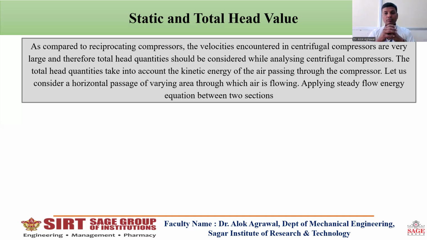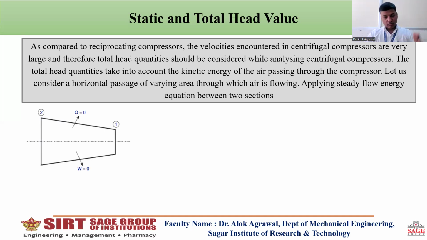Okay, so to understand it in a better way, let us consider a horizontal passage in which air is flowing, and this passage is of varying cross-sectional area. Section one is the inlet and section two is the outlet. We consider that there is no work interaction and no heat interaction between the system and surrounding.